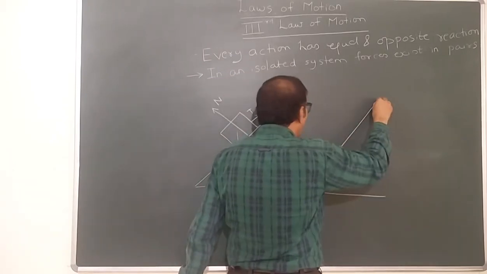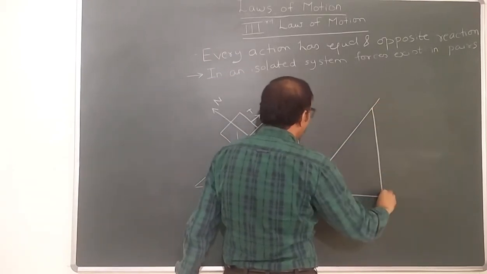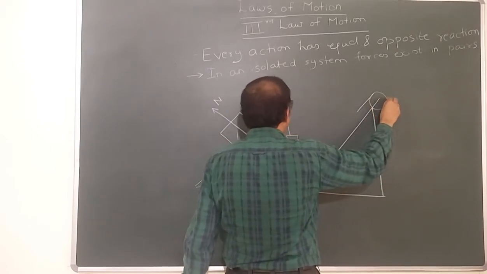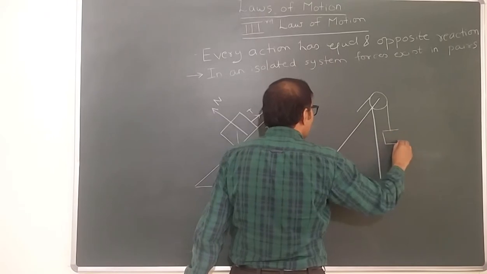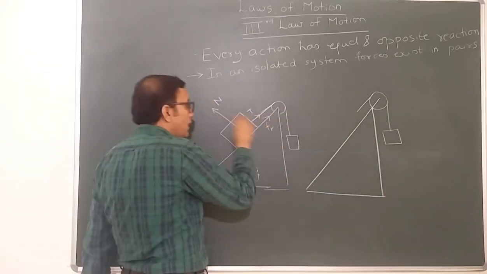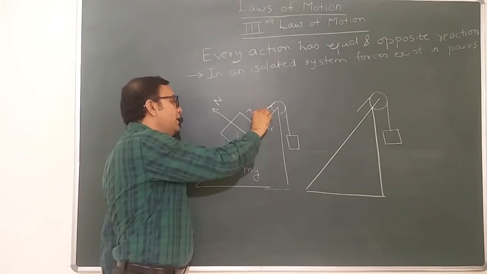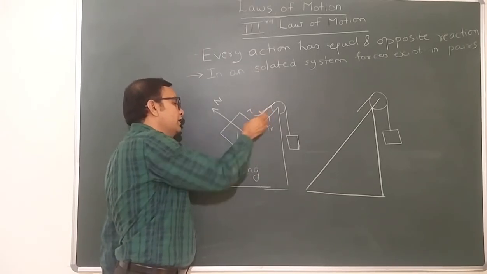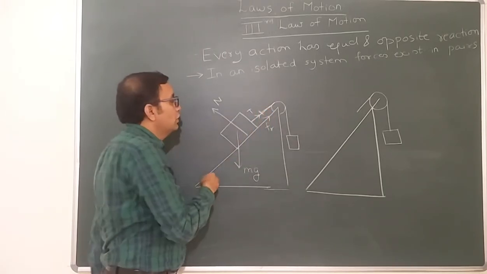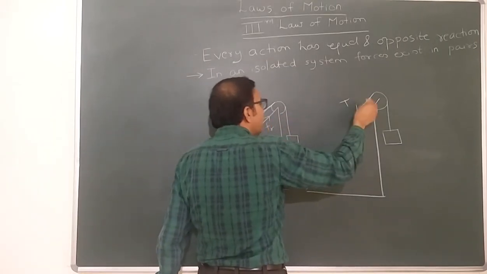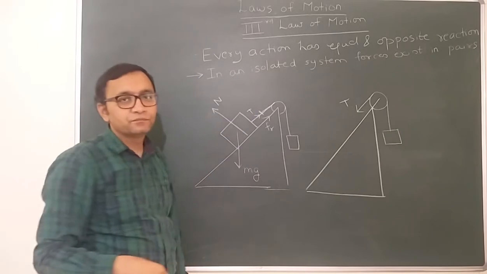I'll remove the block to draw the pairs properly, and keep the pulley like this. Now the pair of tension. This tension is applied by this part of the string, so the equal and opposite force is tension T in this direction.